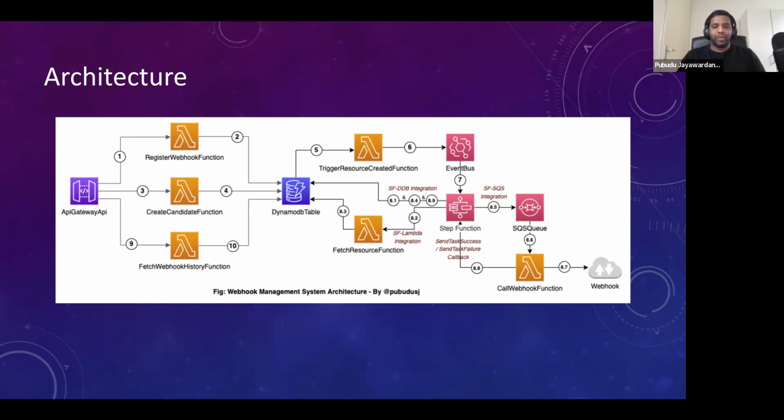There should be more duration between those retries as well, because once it's failed, we might need to wait for the third-party application to be up and running. Of course, a lot of improvements need to be made to make it production ready, but the basic concept is the same. Right. Thank you, bro.